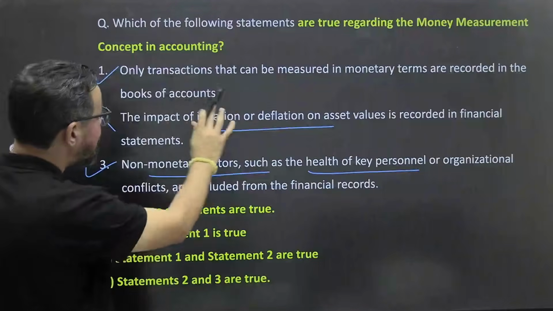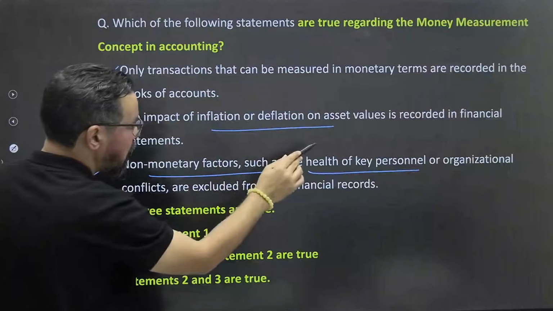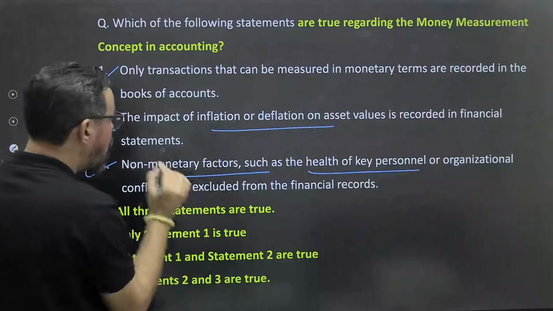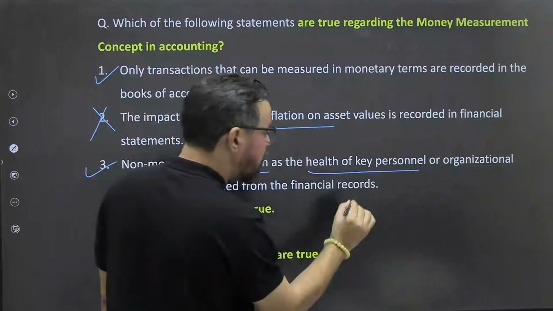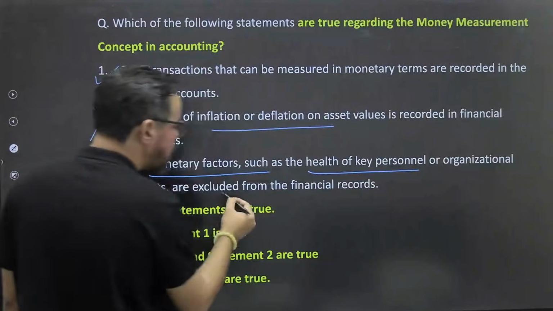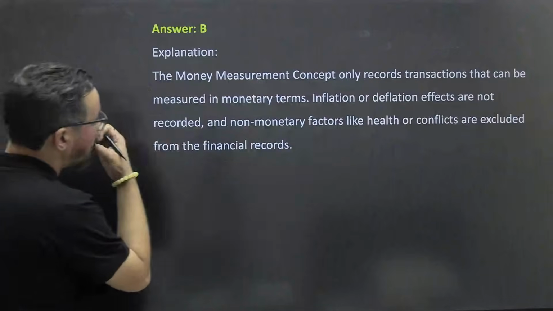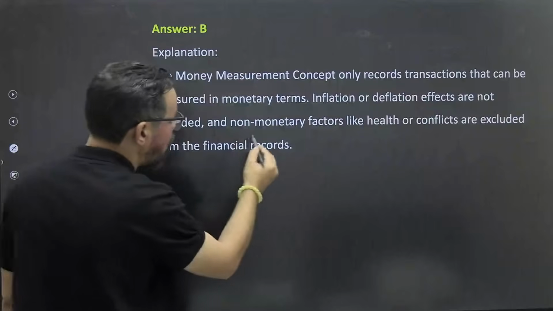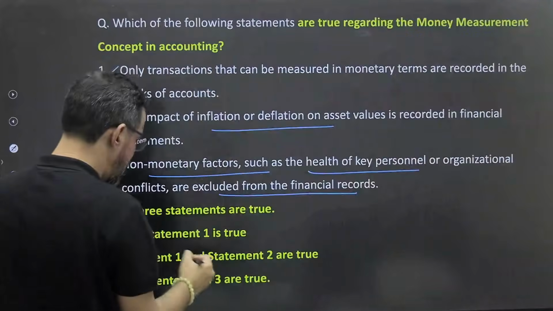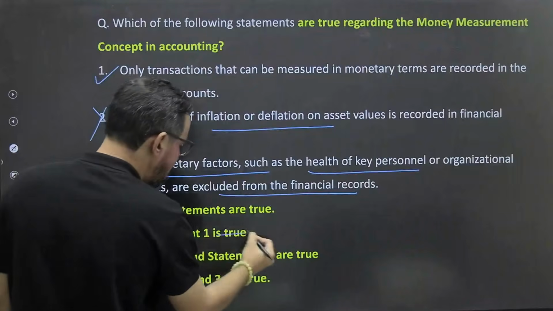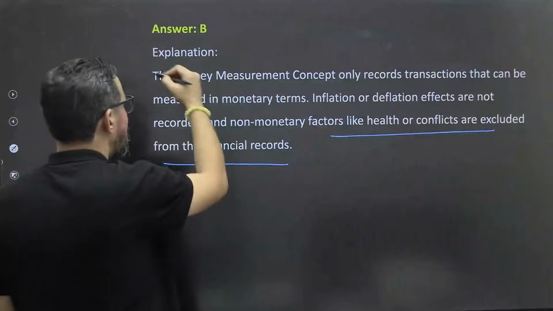Only transactions that can be measured into money will be part of this, 100% true. Impact of inflation recorded in financial statement, no. Non-monetary factors such as health of key personnel or organizational conflict are excluded from financial reports. Inflation and deflation are not recorded, and non-monetary factors, health and conflict, are excluded. So there is some issue with the options. It should be 1 and 3. Okay, so option B will be the right answer in that case.